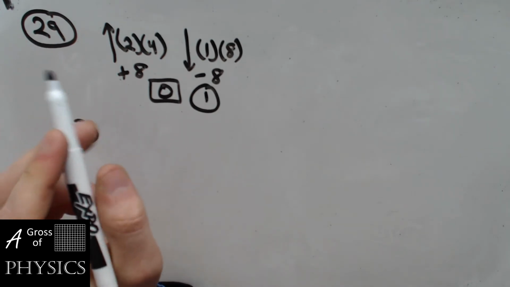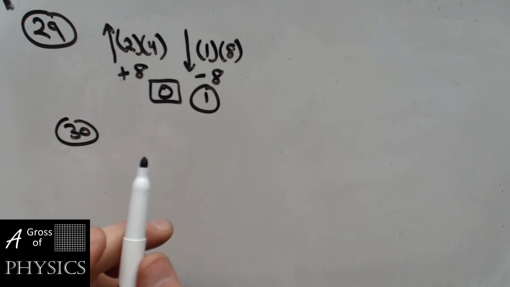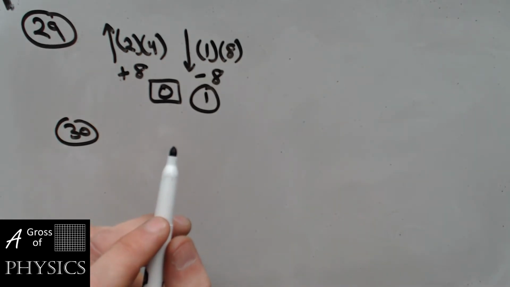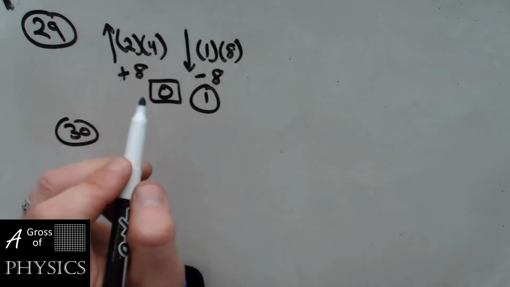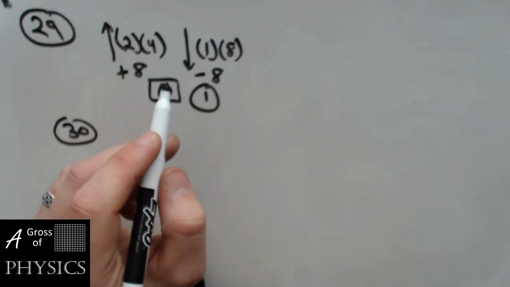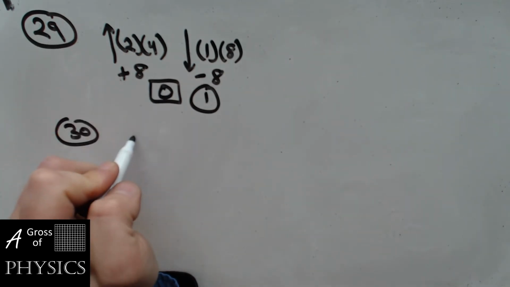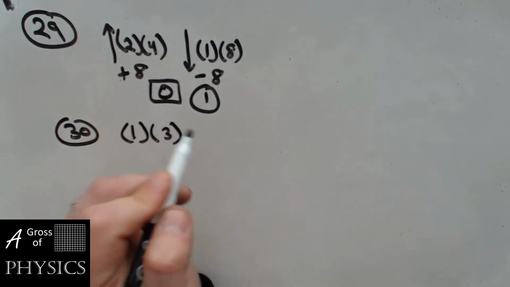All right, 30. What's the greatest change in momentum? Accelerating from rest to 3 meters per second, accelerating from 2 to 4, a net force of 5 for 2, or a net force of 10 for 5. If we have it from rest to 3 meters per second, and we have the same mass for everything, so let's just call mass 1. So 1 times 3 is 3.